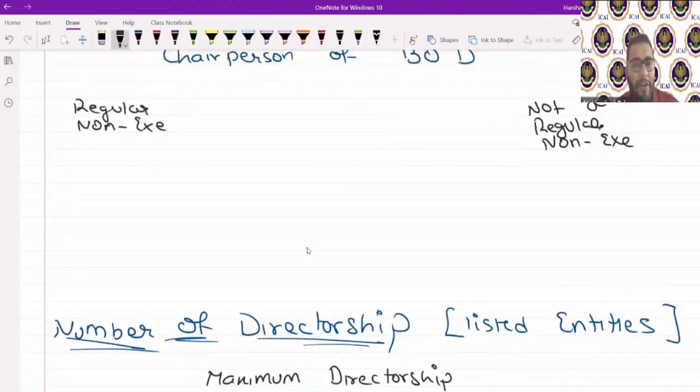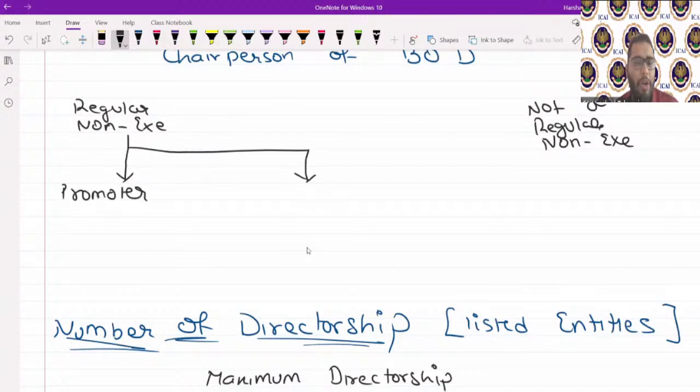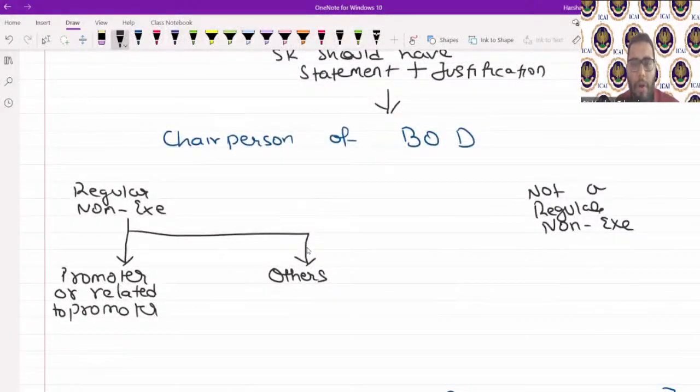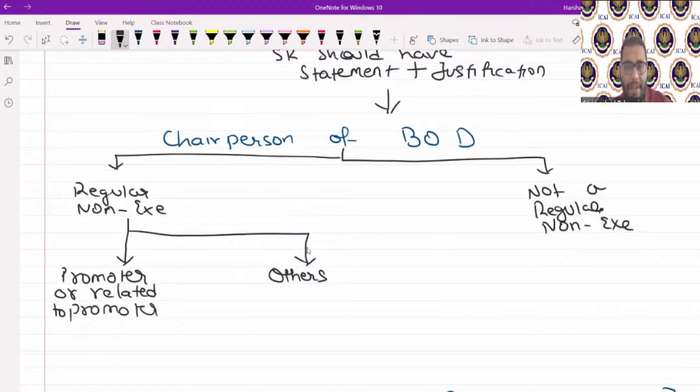If he is not a regular non-executive director, then I am required to check whether he is a promoter or related to a promoter, or if not, others. Now if the chairperson of the board of directors is not a regular non-executive director, then at least half of the BOD should be independent.